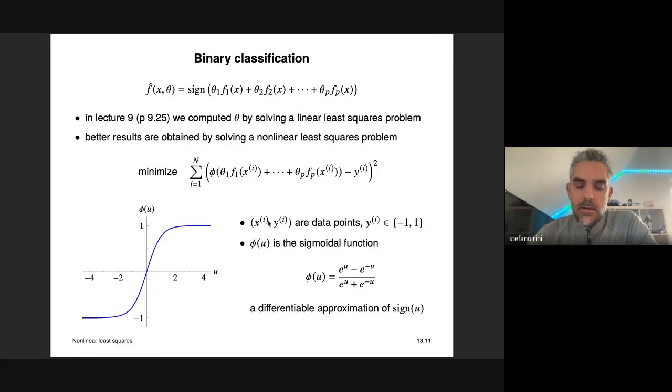Crucially, we could have multiple values of xi that have different labels, meaning that the same xi could have a portion of labels equal to -1 and a portion equal to +1. What we are doing with our model is trying to approximate the ratio of -1 and +1 in the dataset.